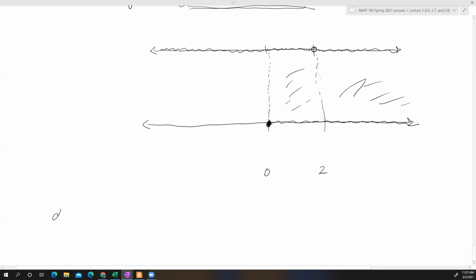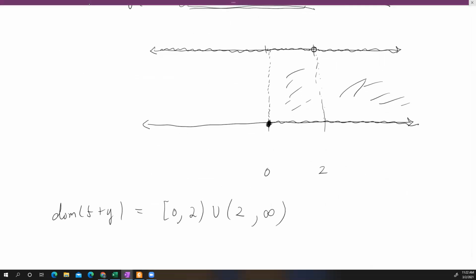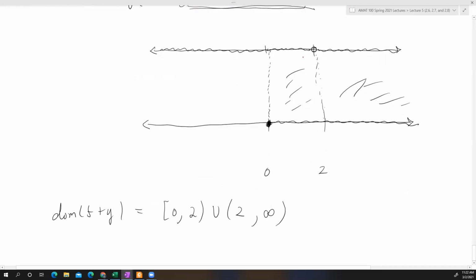So the domain of f plus g is equal to 0 to 2 union 2 to infinity. So it's all of this, not 2, and then the rest of this here.